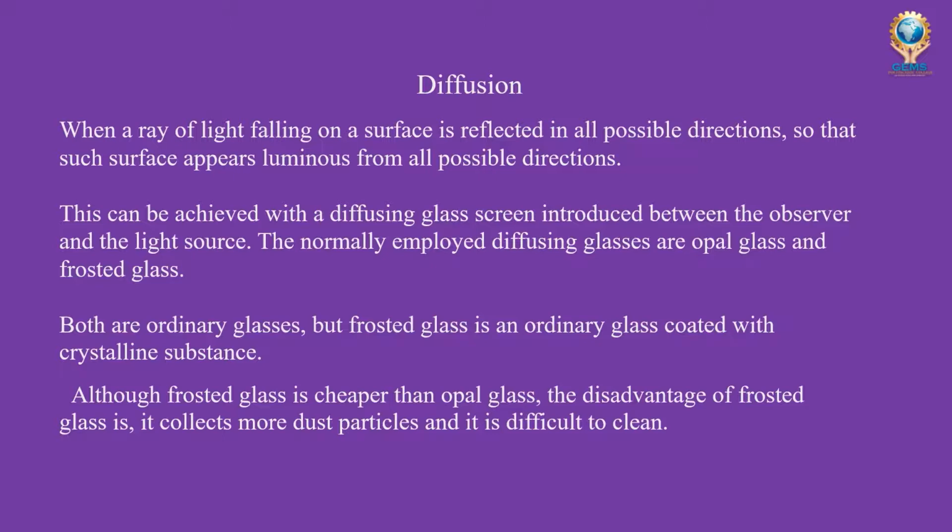Both are ordinary glasses, but frosted glass is an ordinary glass coated with crystalline substances. Although frosted glass is cheaper than opal glass, the disadvantage of frosted glass is that it collects more dust particles and it is difficult to clean. So frosted glass is cheaper, but we can't easily clean it because it collects more dust particles.